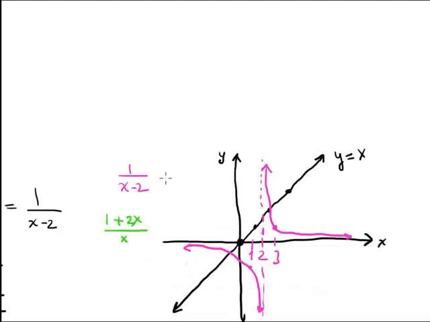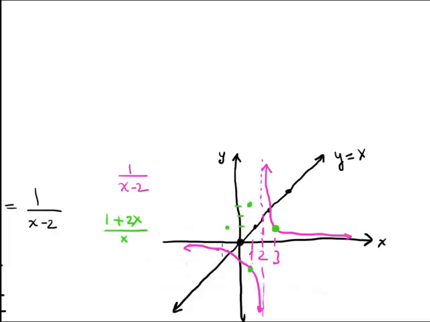However, let's do it this way: this point is the point 3, 1, and the inverse would be 1, 3. Then this point is the point 1, -1, so it would be -1, 1.